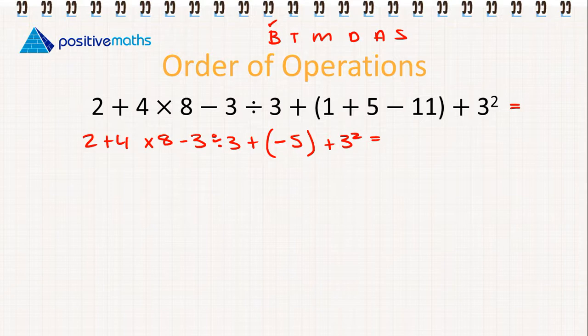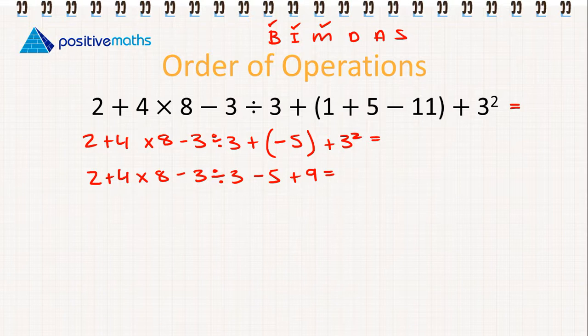Next, what we need to do is check, is there anything with an index or a power? There is. So that's the next thing we're going to do. Again, I'm just going to leave the other numbers as they are for now. So 3 squared will give us 9. Our next one is multiplication.